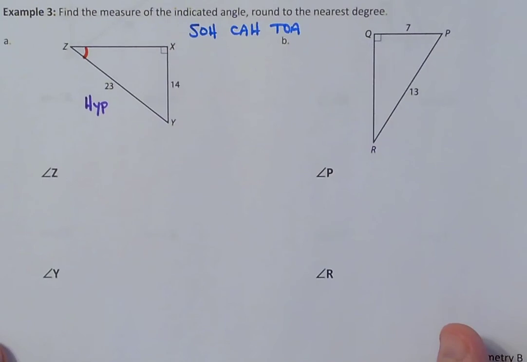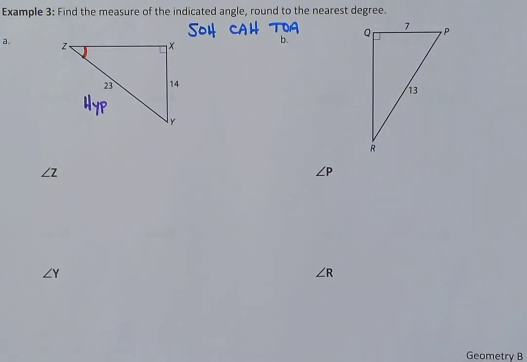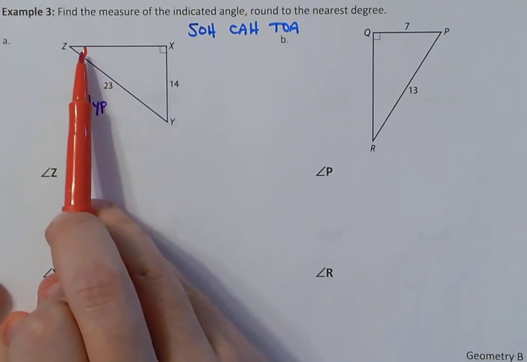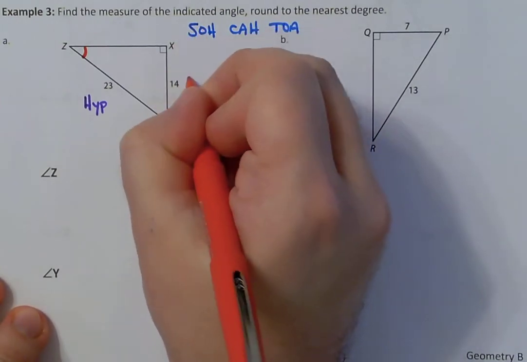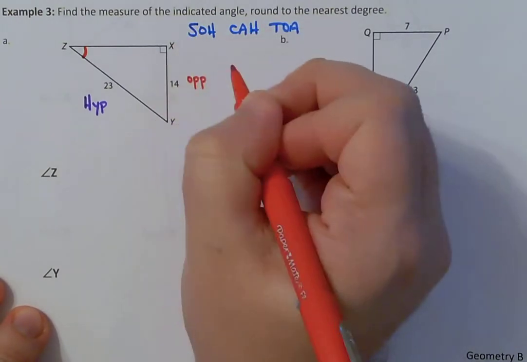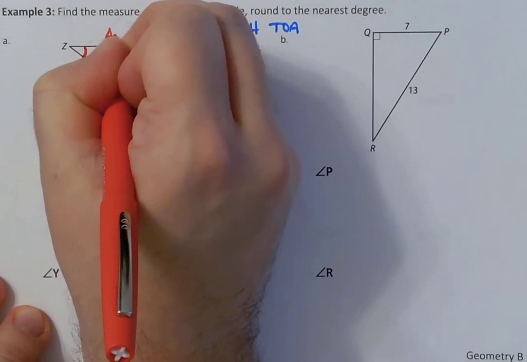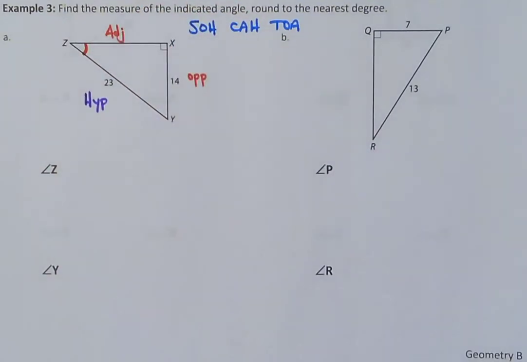Now that I know the hypotenuse, we can identify the opposite and the adjacent. The side opposite of Z is 14, and the side that is adjacent is unknown.